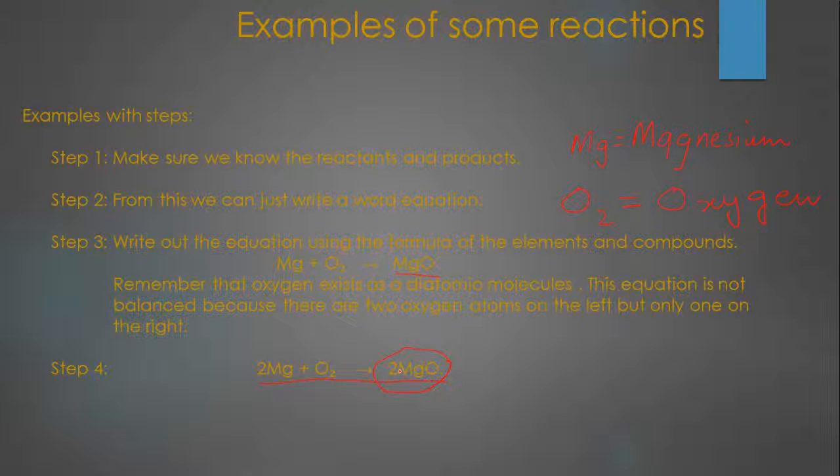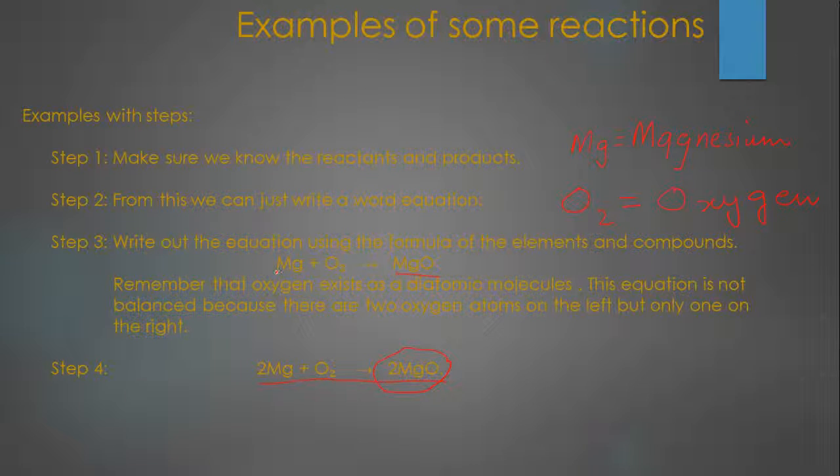When we multiply it by 2, we get O balanced, oxygen balanced, but Mg is unbalanced because it becomes 2 on the product side, but it remains 1 on the reactant side.